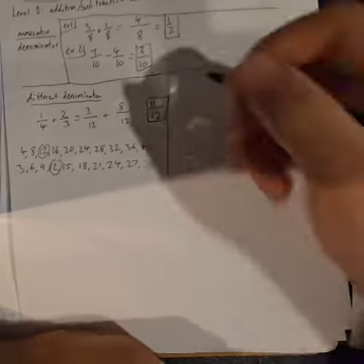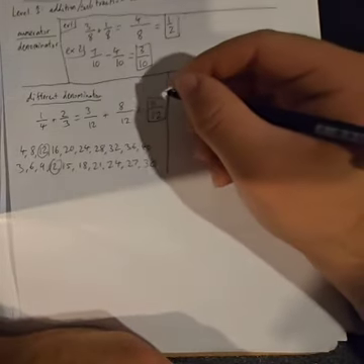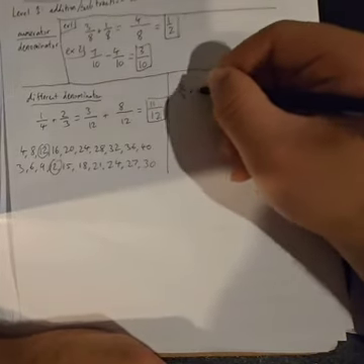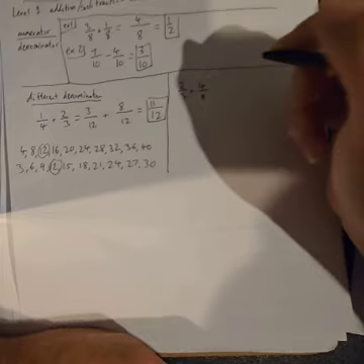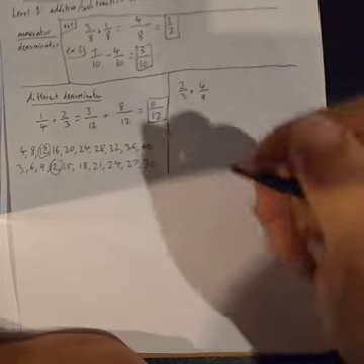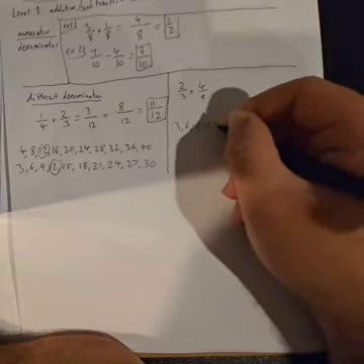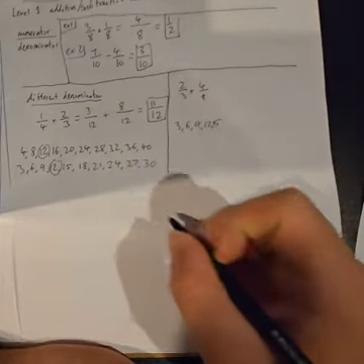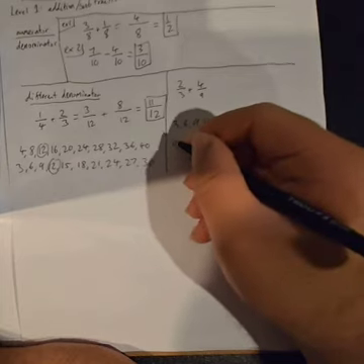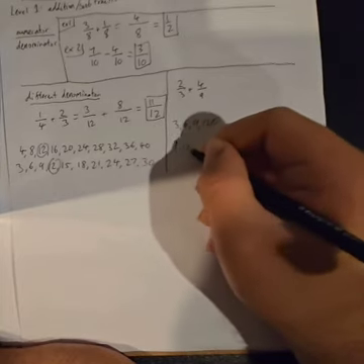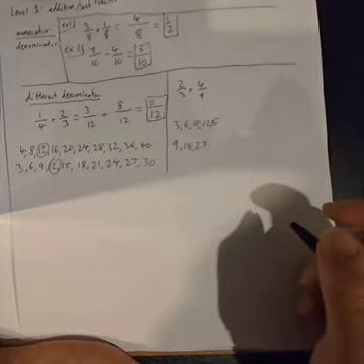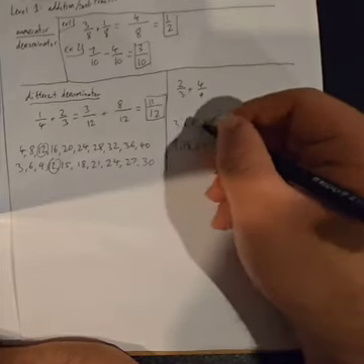Another example here. 2/3 plus 4/9. So let's see some multiples of 3. 3, 6, 9, 12, 15. We already have it here, but we can rewrite it. And some multiples of 9 are 9, 18, 27. But we already have the common thing. 9.